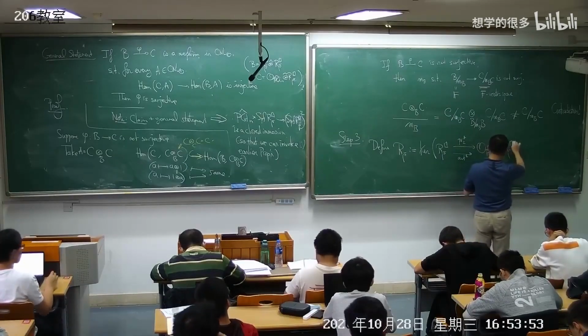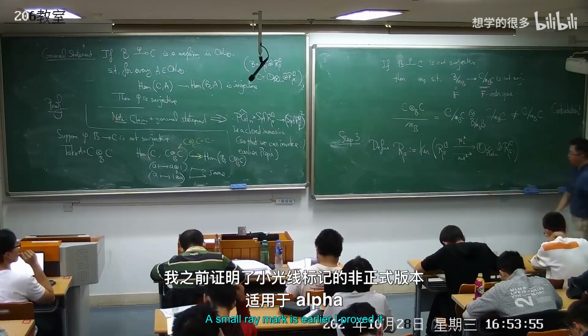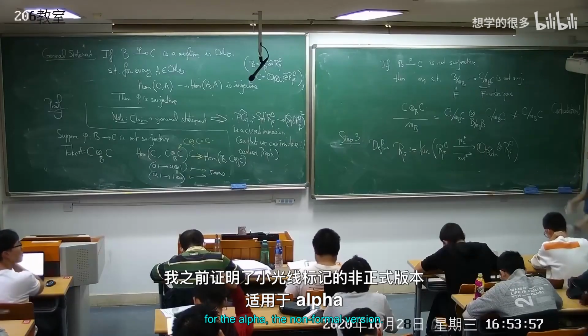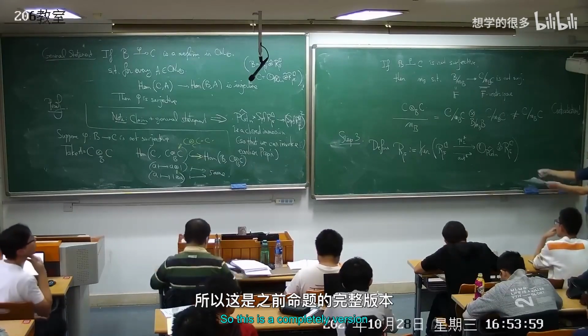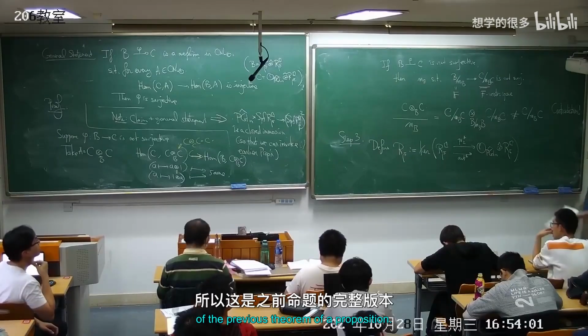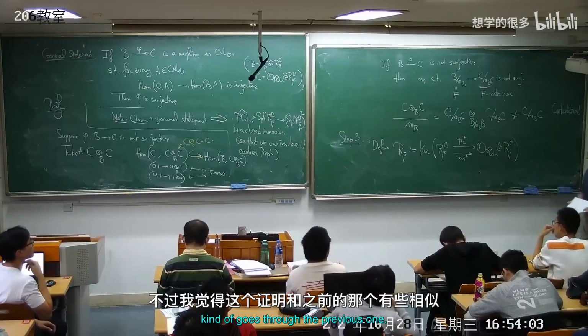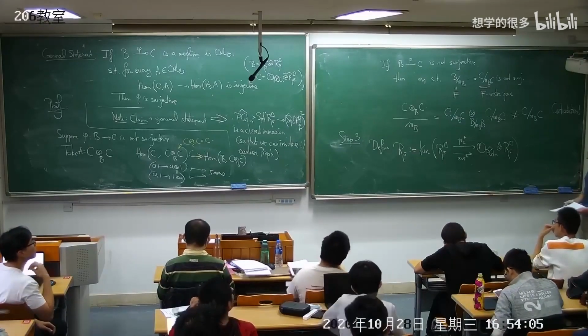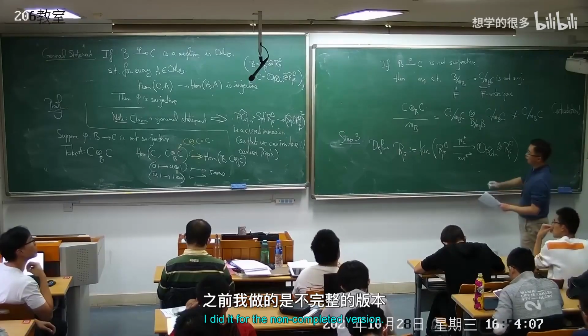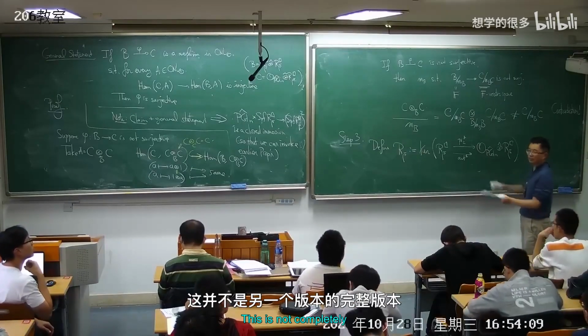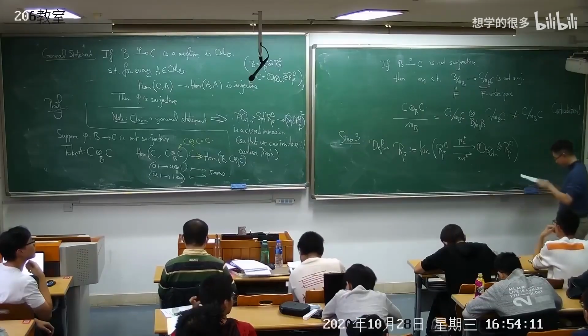A small remark: earlier I proved it for the non-formal version. So this is a completed version of the previous theorem. A proposition, but the proof goes through like the previous one. There's not much different; earlier I did it for the non-completed version.